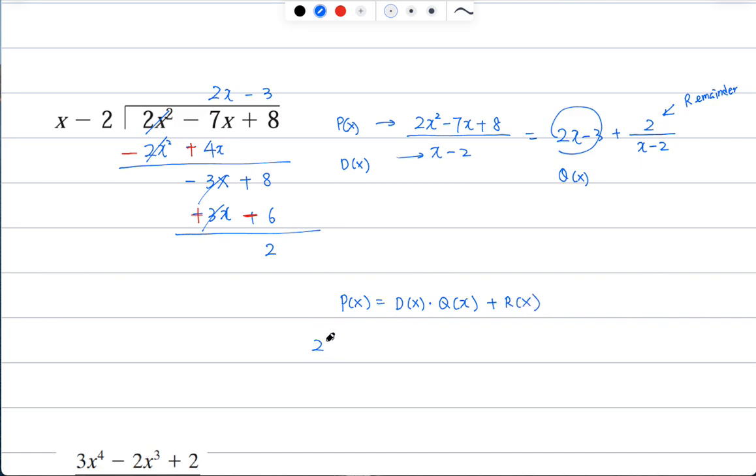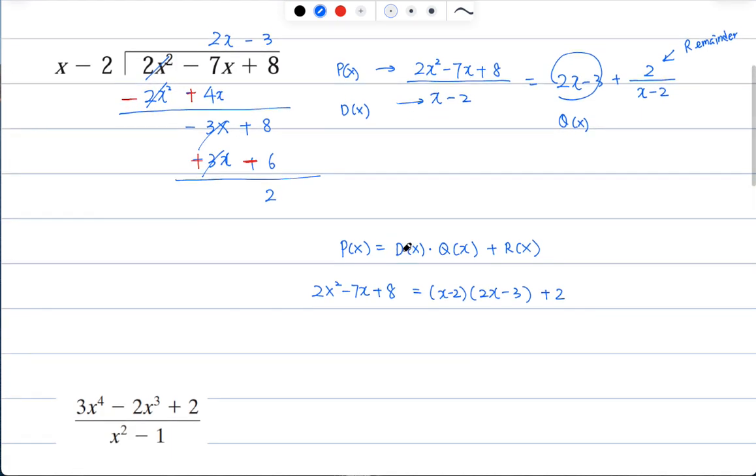Therefore, 2x squared minus 7x plus 8 is equivalent to the divisor, x minus 2 in parentheses, times 2x minus 3, plus our remainder 2. That's really simple, and in long division, the only thing we need to be careful about is that when we do subtraction, our negative sign applies to all the terms.